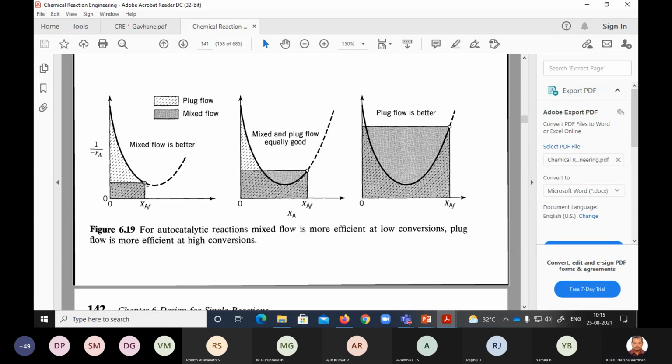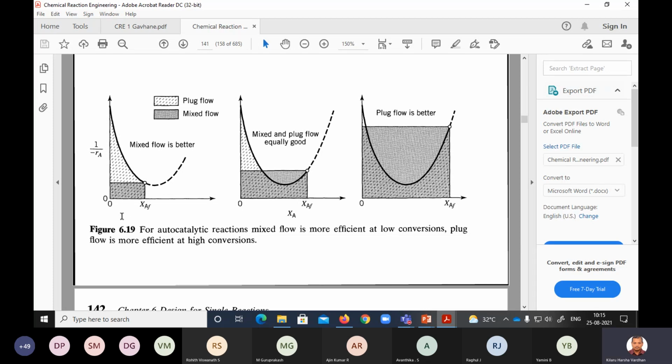This is 0, this is XAF. What will happen to the volume of a PFR or MFR? PFR volume is nothing but the area under the curve, correct? So this entire thing will be the area under the curve. So the volume of PFR is this entire thing.